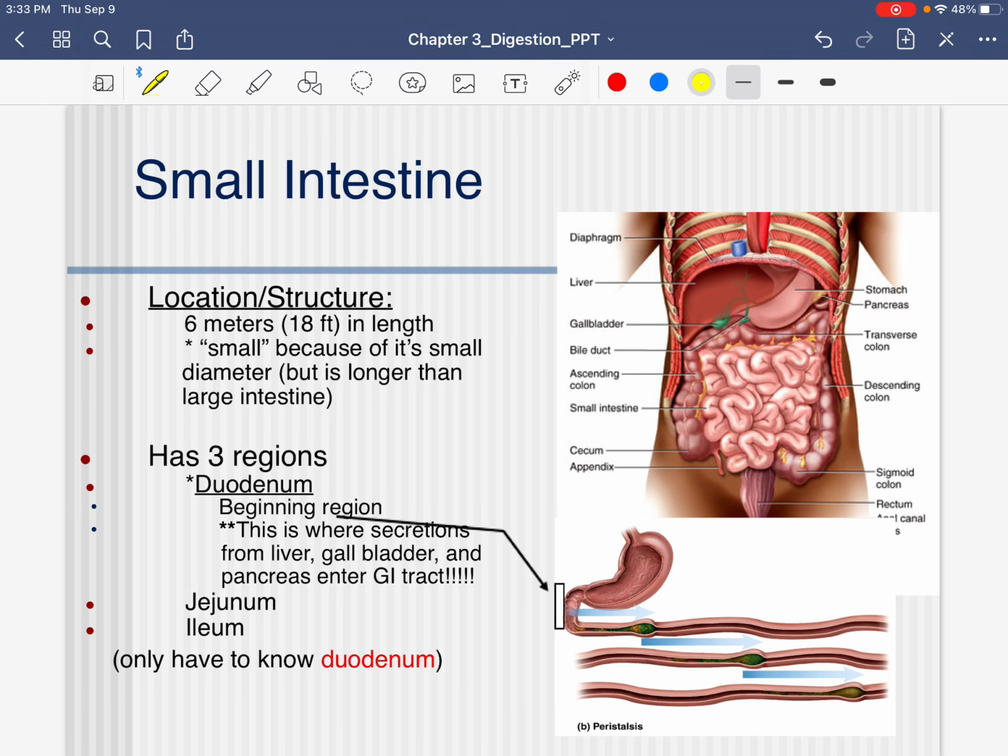All right. We have made our way all the way down to the small intestine. And actually, I forgot to ask you a question. When we talked about the mouth, then food makes its way into the pharynx, then it makes its way into the esophagus, which then goes into the stomach.